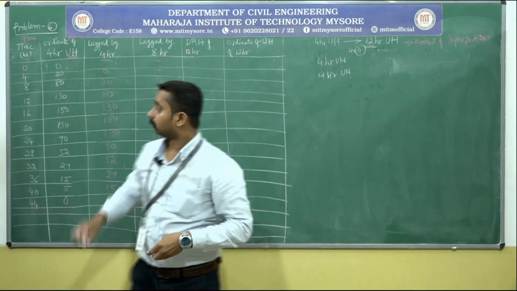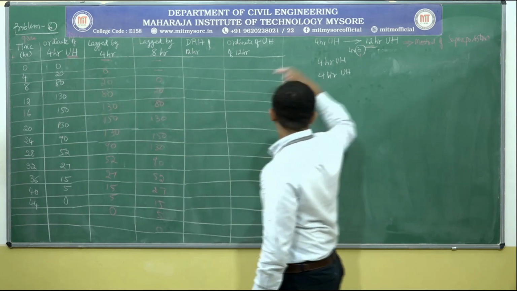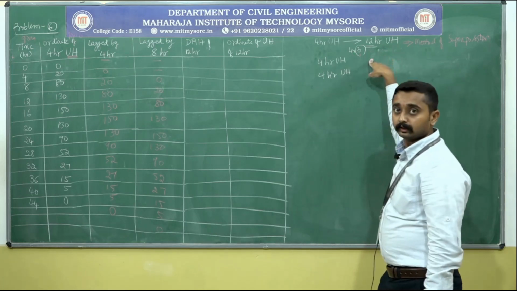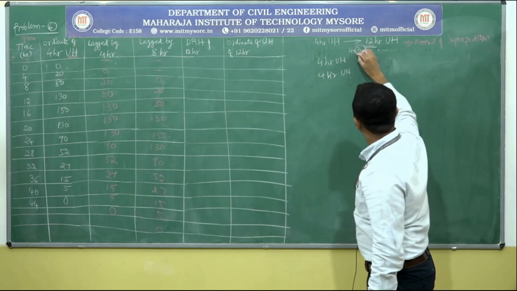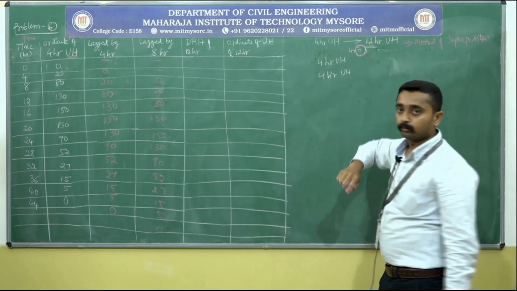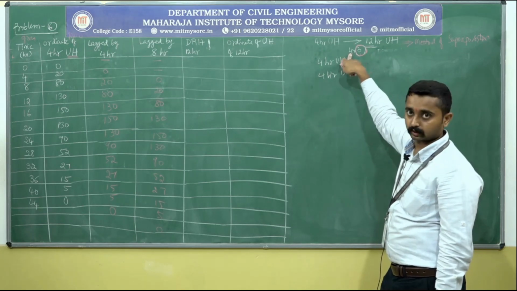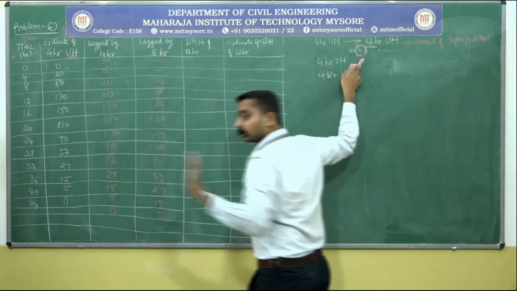Listen carefully. 4-hour unit hydrograph is given, we need 12-hour unit hydrograph. 4 into 3 times you will get 12-hour unit hydrograph. So this is important. We need 3 number of 4-hour unit hydrograph, but already given is one 4-hour unit hydrograph only.